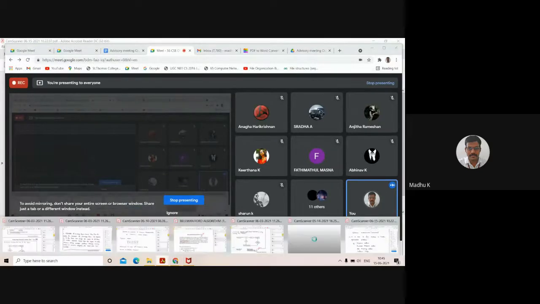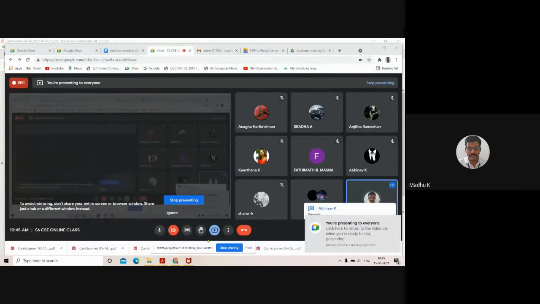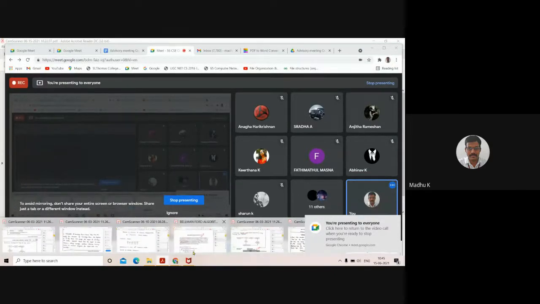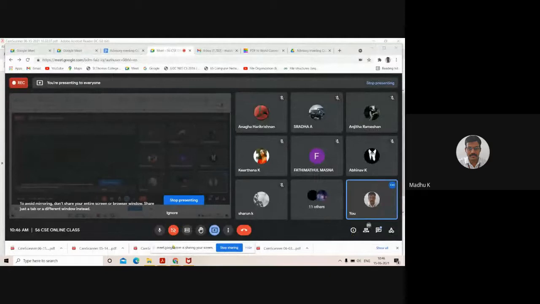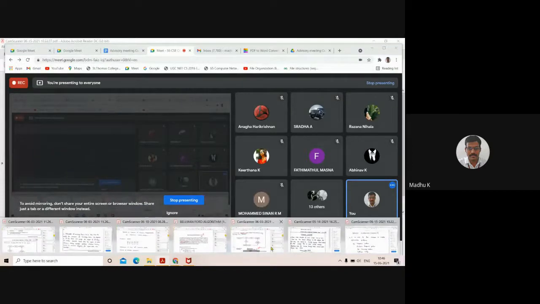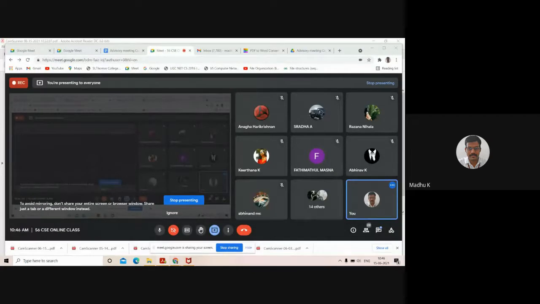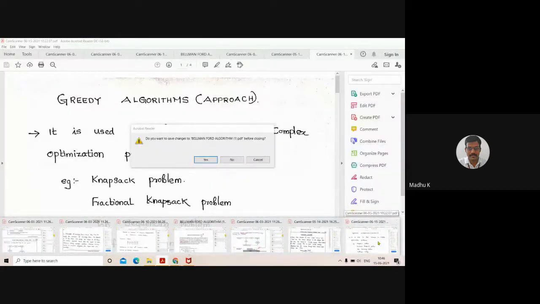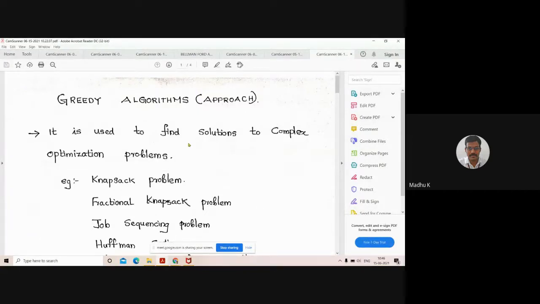Now we are discussing greedy approach. So what is greedy approach?